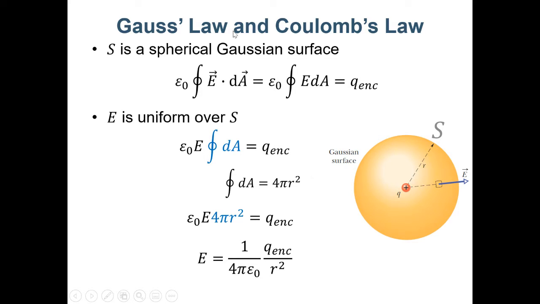So as you can see here, this is the charge. This is the Gauss law. So we will have E dot dA here. Suppose this is the Gaussian surface.